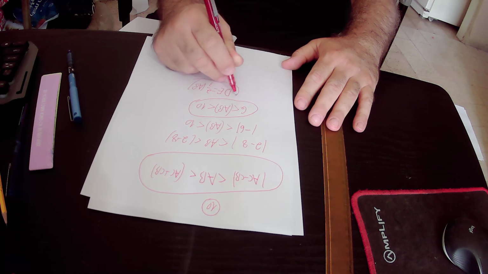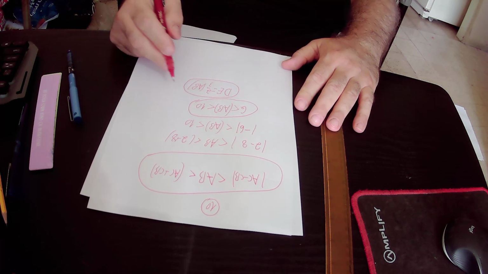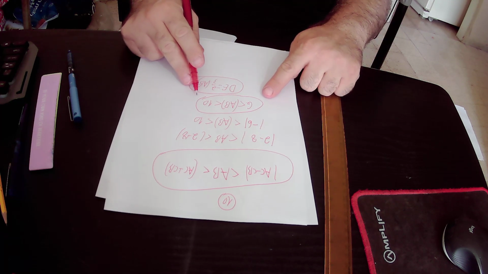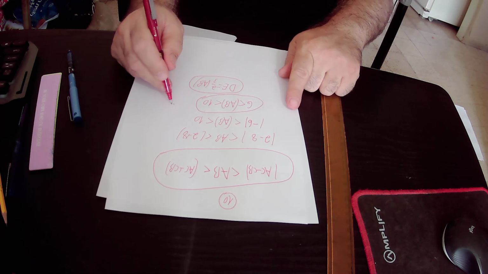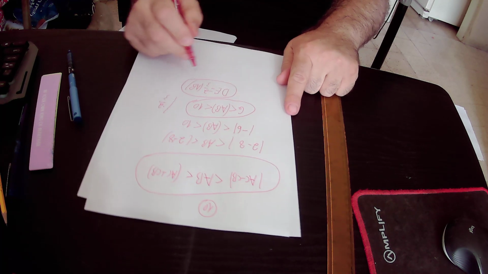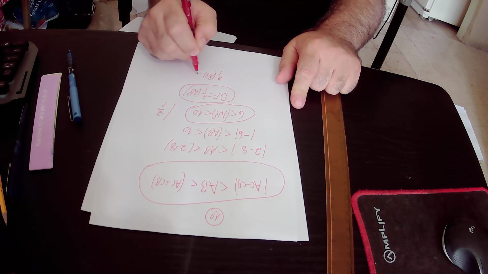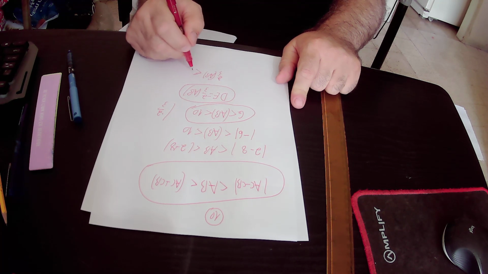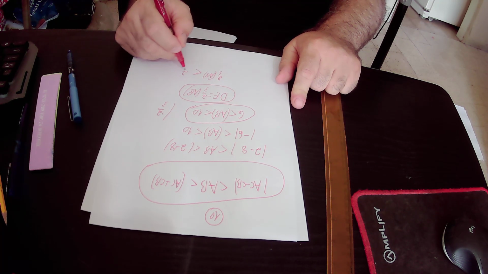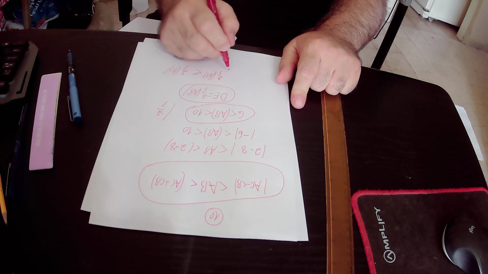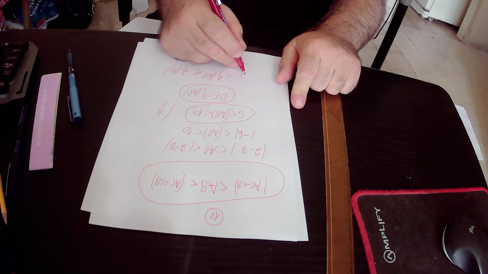So here we will multiply this inequality by 2/3, and we will get that 2/3 times AB is smaller than 2/3 times 10, and it is bigger than 2/3 times 6.